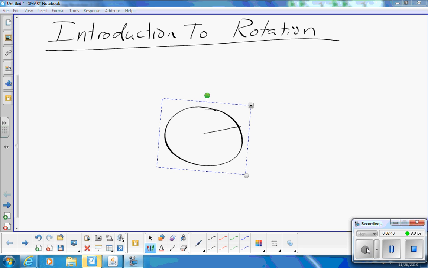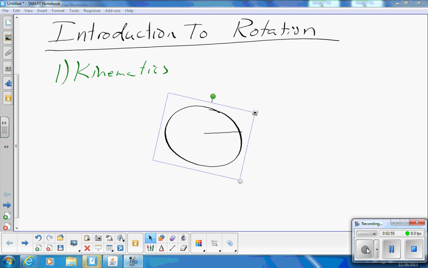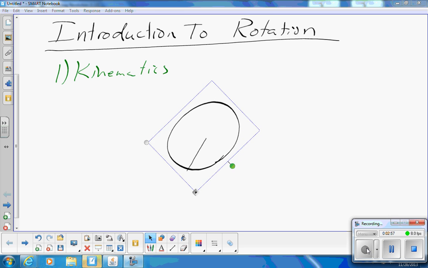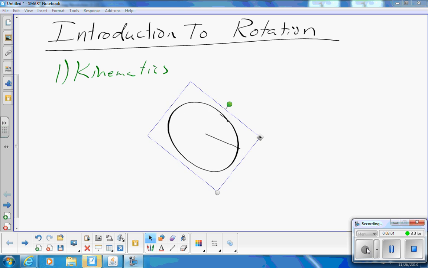All right, we will be studying kinematics. And when we study kinematics, we're not going to be studying velocity and acceleration of this thing moving around the room. We're going to be studying the velocity it has by nature as rotation. So this is a slow rotation. This is a faster rotation.